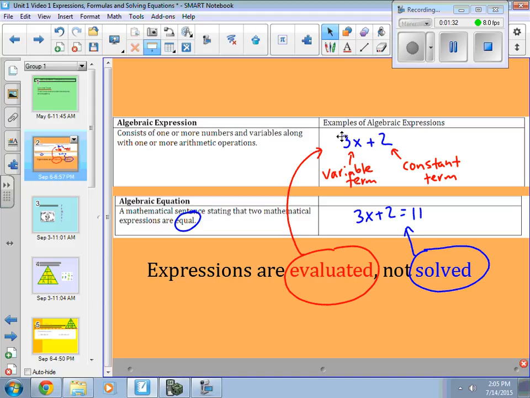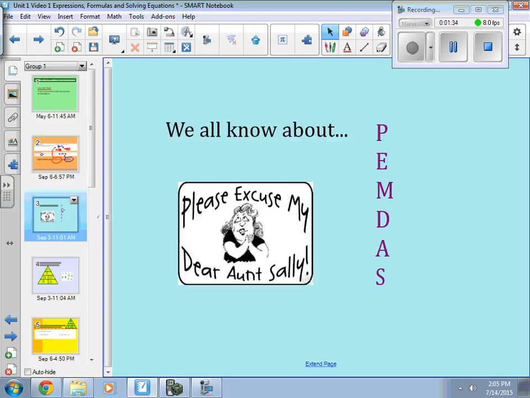All right, whenever you're doing either expressions or equations, you want to do them in a particular order. Hopefully you've heard of this expression before, PEMDAS, or some of you may have heard it with this little phrase, please excuse my dear Aunt Sally, where you see the same letters. This is an acronym that helps us remember the order we want to evaluate when doing expressions and equations.